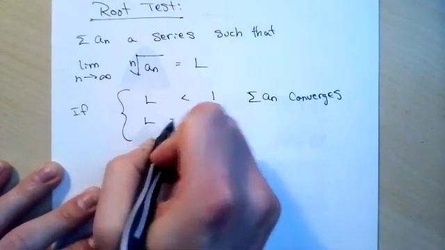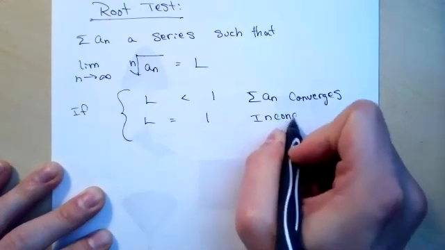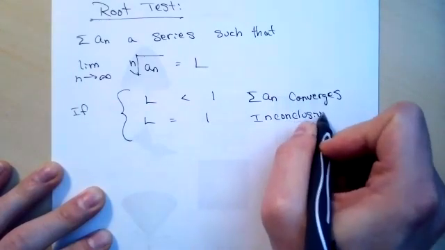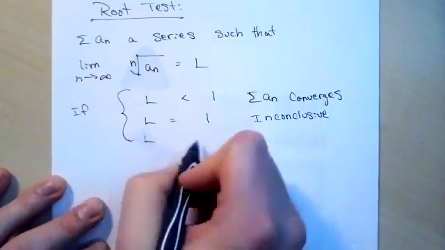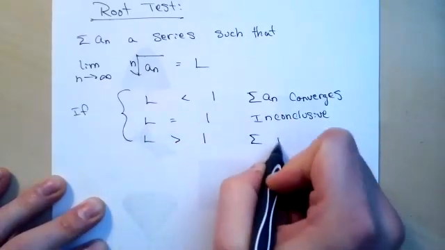If L is equal to 1, inconclusive. And if L is bigger than 1, the series diverges.